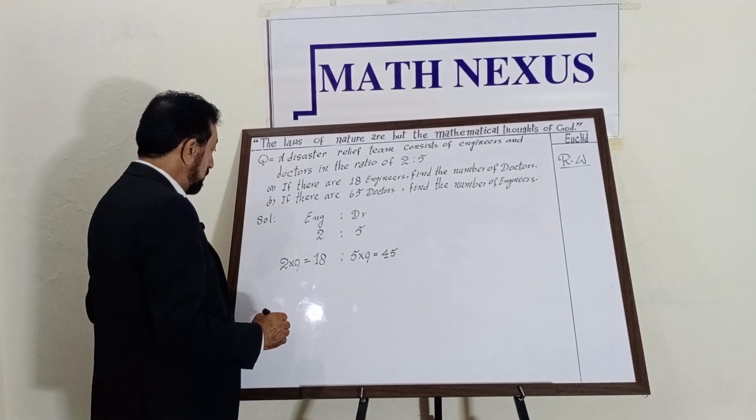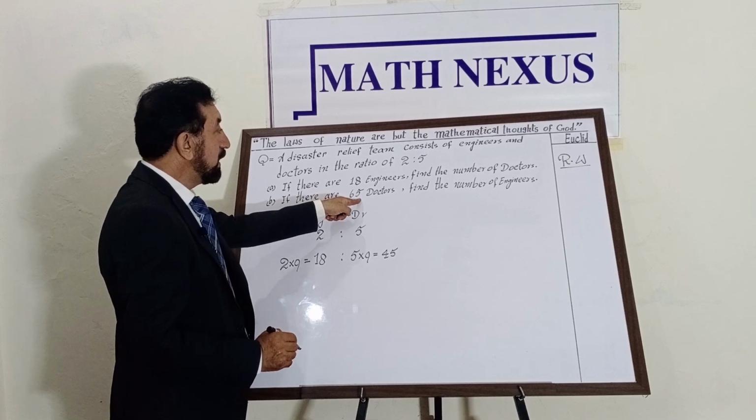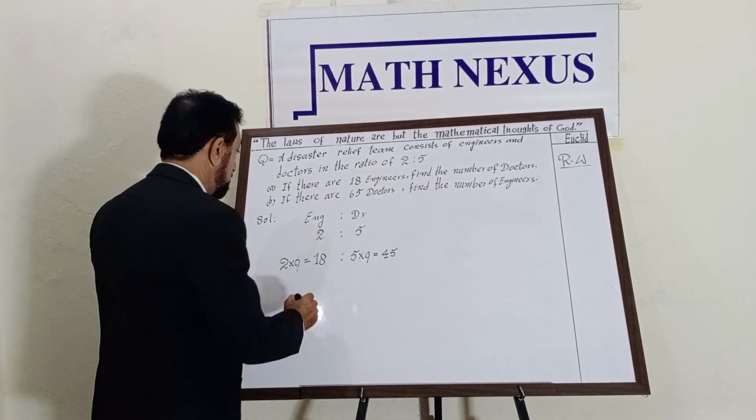Okay, now section B. If there are 65 doctors, find the engineers.